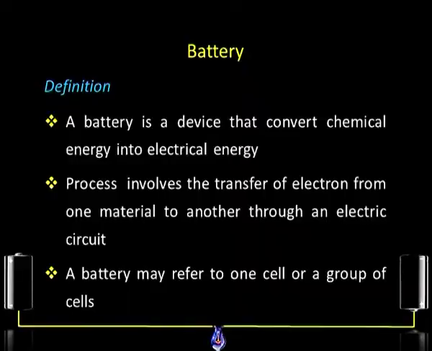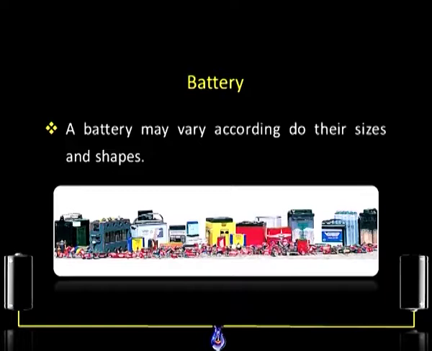Though we are referring to the term battery, the more basic term is a cell. So, a battery can consist of one or more cells connected either in series or in parallel. Batteries also come in various shapes and sizes according to their application in different sectors.